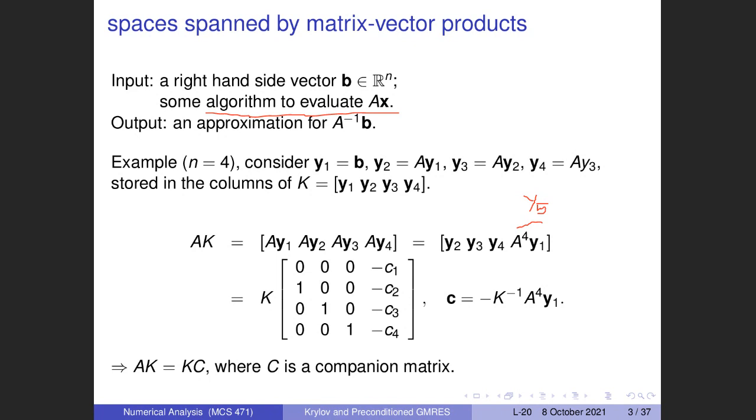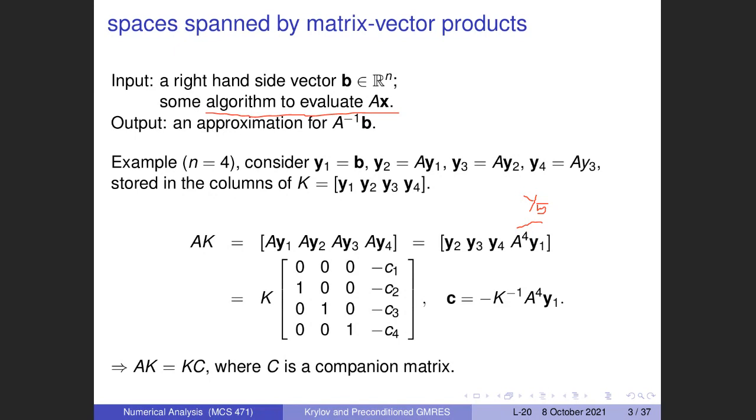So we can derive the A times K matrix as K times another matrix, where we get in the last column the coefficients of y5, of the last matrix vector product. If you would do this computation of the next vector, you would not do the matrix vector product.